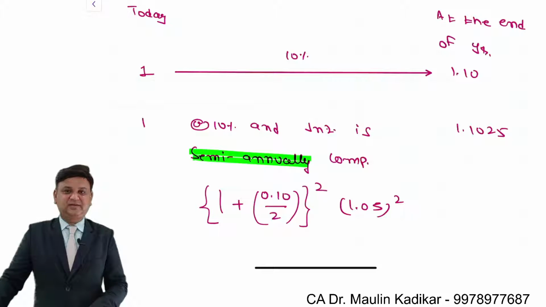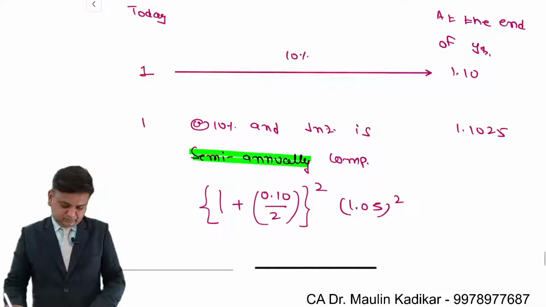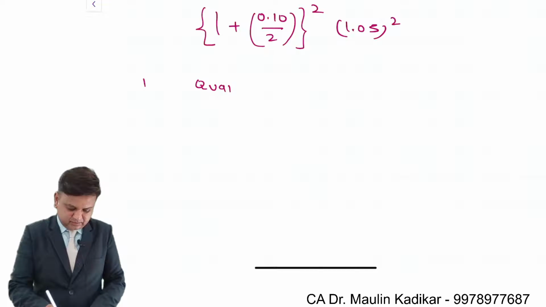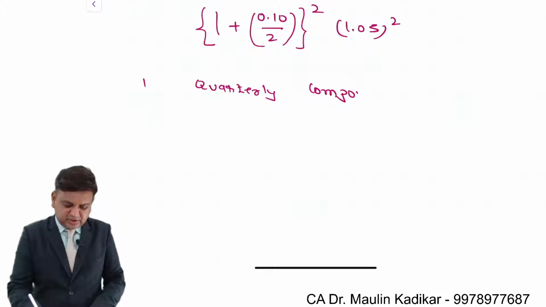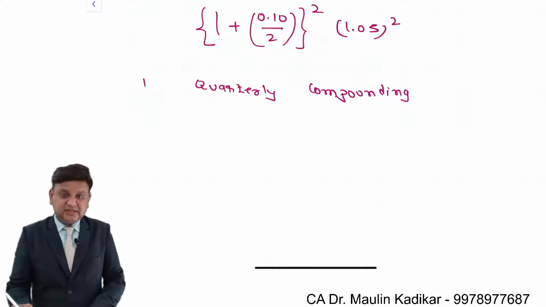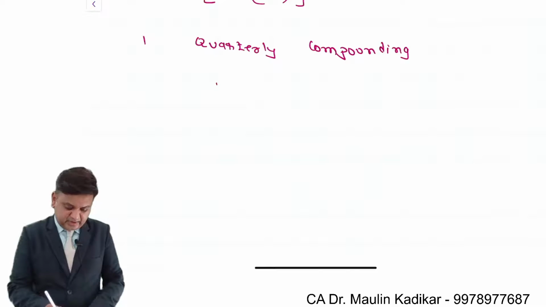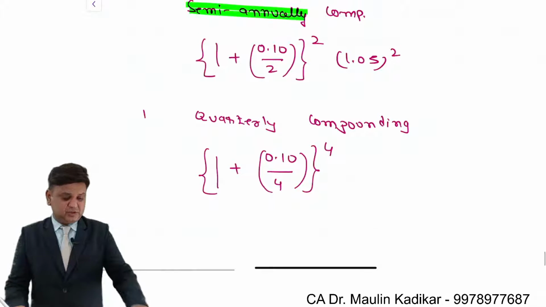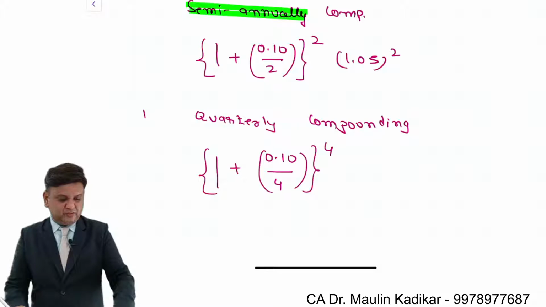That is the way the maturity amount of deposit would be calculated if the interest is semi-annually compounding. Next, suppose the interest is quarterly compounding. In that case, what is the maturity amount of deposit? Let us understand it. It is 1 plus 0.10 divided by 4, raised to 4. That is the way the maturity amount of deposit is found. It is 1.025 raised to 4.